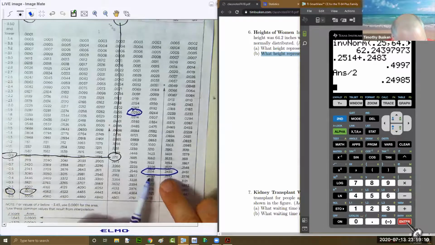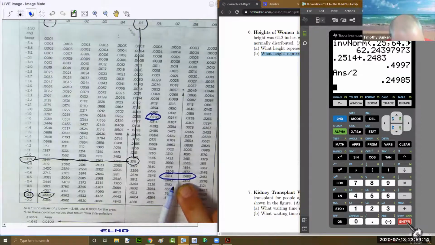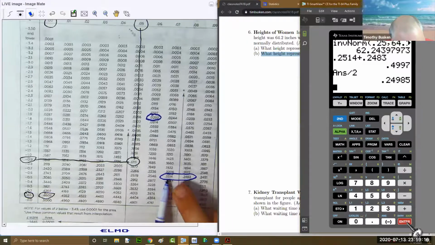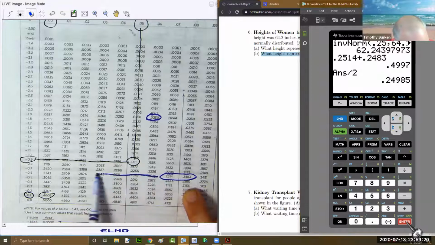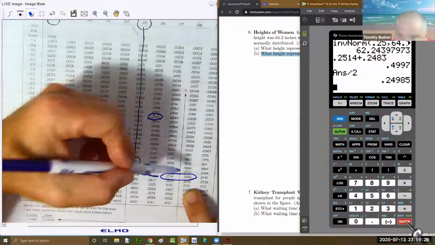But nevertheless, let's take a look. I'm trying to get a z value here. The z-score associated with this number here is negative 0.67.